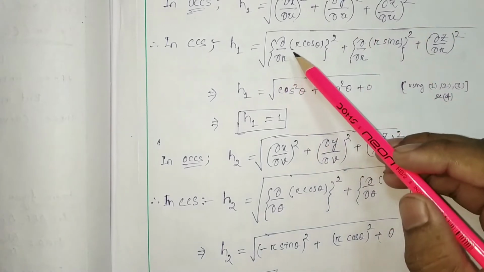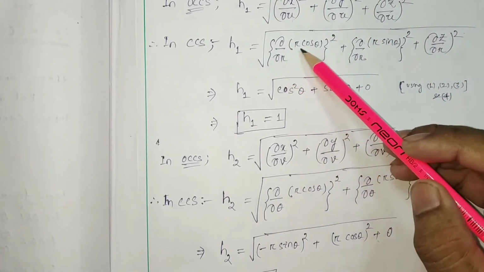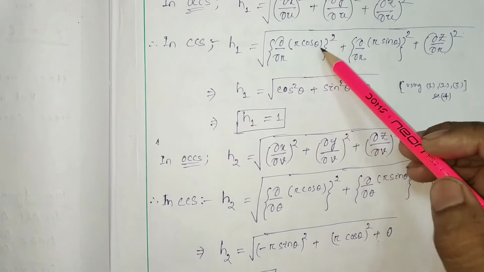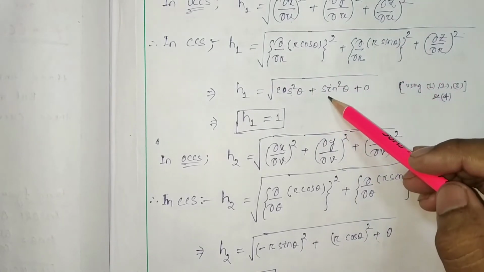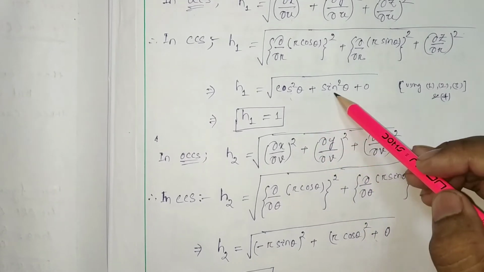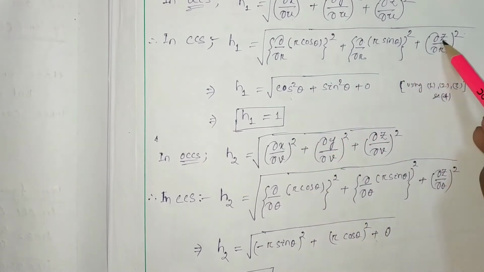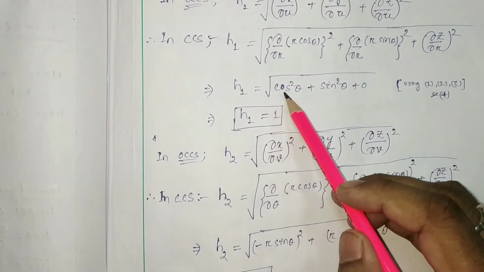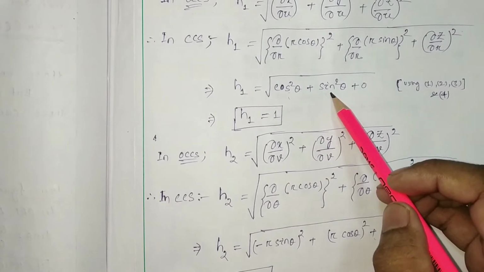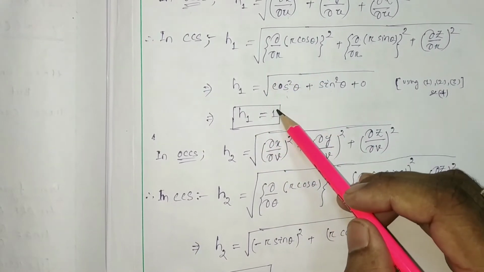The derivative with respect to r is 1, so cos square theta, and sin square theta. Cos square theta plus sin square theta will be 1, and z is not a function of r, so that is 0. So the root will also be 1. So h1 we found is 1.